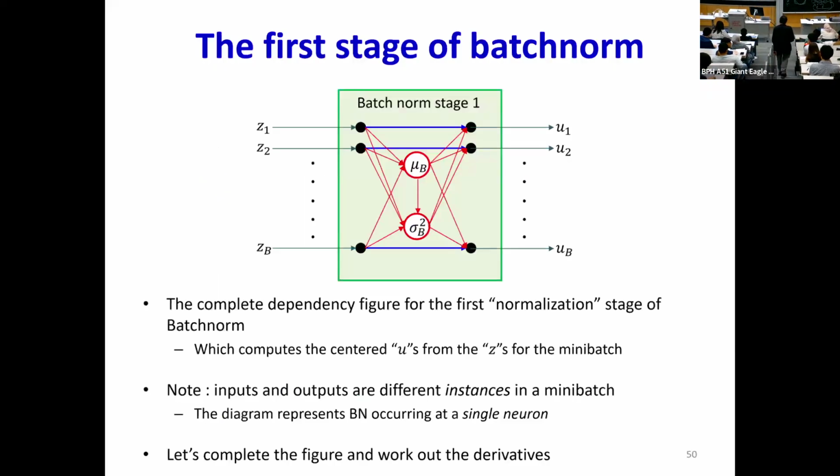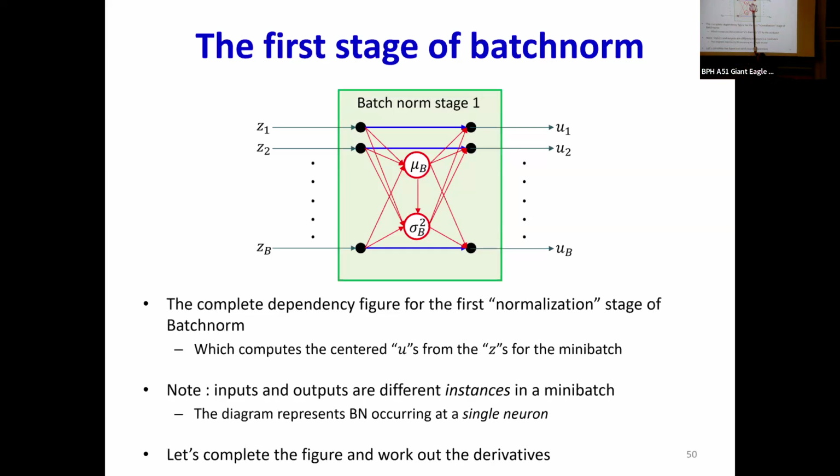Here is the complete set of dependencies. You have a bunch of Z's going in. All of these Z's are used to compute the mean mu. Then again, all of the Z's and the mu are used to compute the sigma.